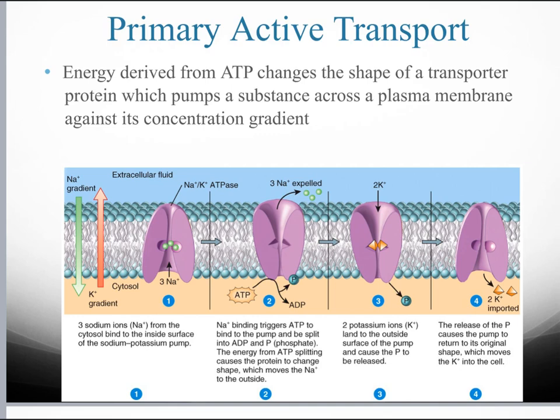Two potassium ions land on the outside surface of the pump and cause that phosphate, the one we just got from the hydrolysis of ATP, to be released. The release of that phosphate causes the pump to return to its original shape, which then moves the potassium into the cell, a 3:2 ratio.